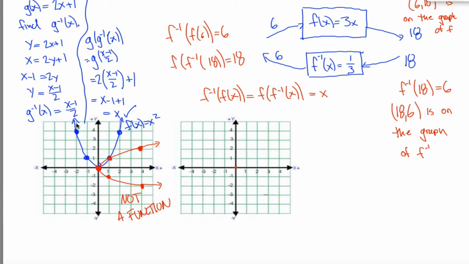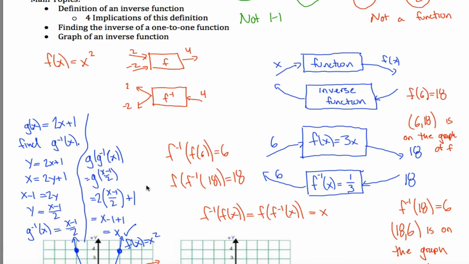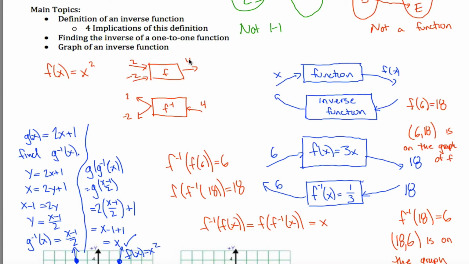By doing that, I essentially erase this half of the parabola, and what that does is it makes this function one-to-one. And now that this function is one-to-one, I can find its inverse function. In fact, it'll be the top half right here. So there is hope when a function is not one-to-one, and we'll see more examples of this as this goes on. But the point that I want to make is when you're first learning these, the function has to be one-to-one if you're going to find its inverse.